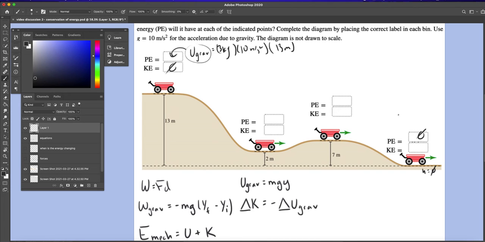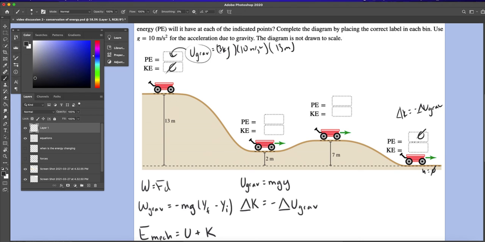So here you'd have delta K is equal to negative delta U of gravity. Since all of the potential energy has been turned into kinetic energy, you would just take the answer from this one and put it here.